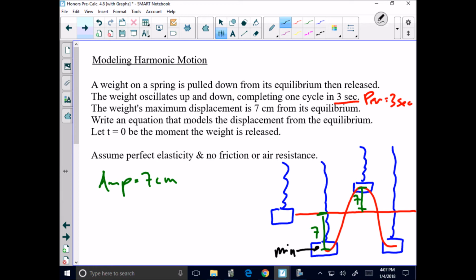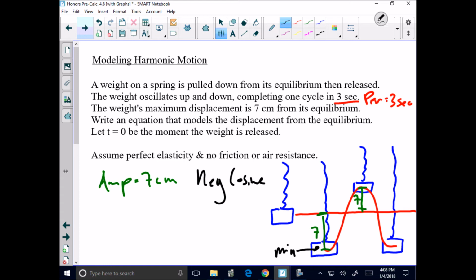And if we're starting from an extrema, then in general we can say that the cosine function is what we're going to want to use to model this cyclic behavior, this harmonic motion. And since we're starting at a min, we're going to model this with a negative cosine function.